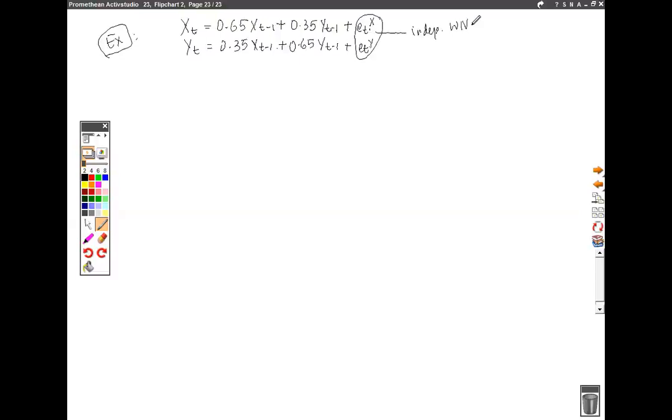And now what I have to do is show that xt and yt are co-integrated with co-integration vector 1 and -1.